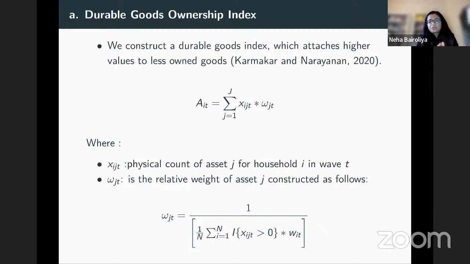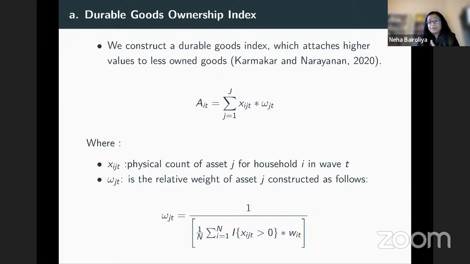This goes to the work by Karmakar and Narayanan. What this index does is assign relatively higher weight to durables which are less widely held. So in the context of Indian households, a house will have a lower weight compared to a car or an air conditioner, because an air conditioner would be less widely held than a house.